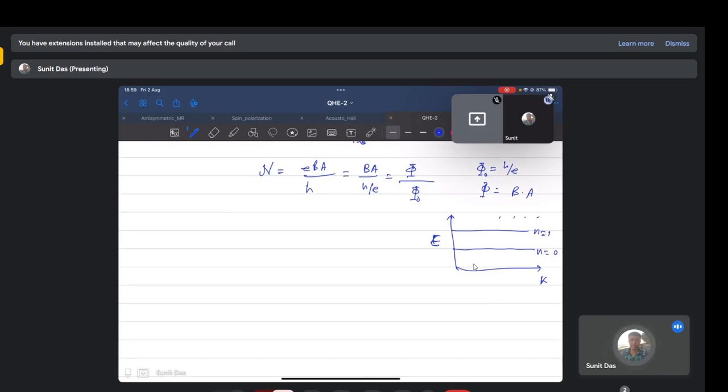In each Landau level, there are a huge number of degenerate states with the same energy. So there are a lot of electrons that can stay at this n equal to 0, n equal to 2, n equal to 3, etc. state. So later on we will see how this degeneracy plays a very crucial role in having the quantum Hall states.